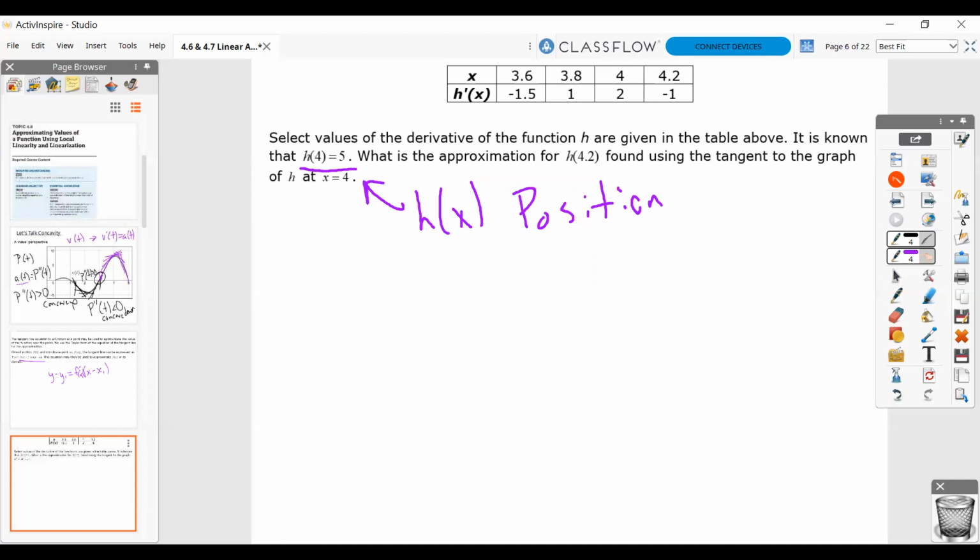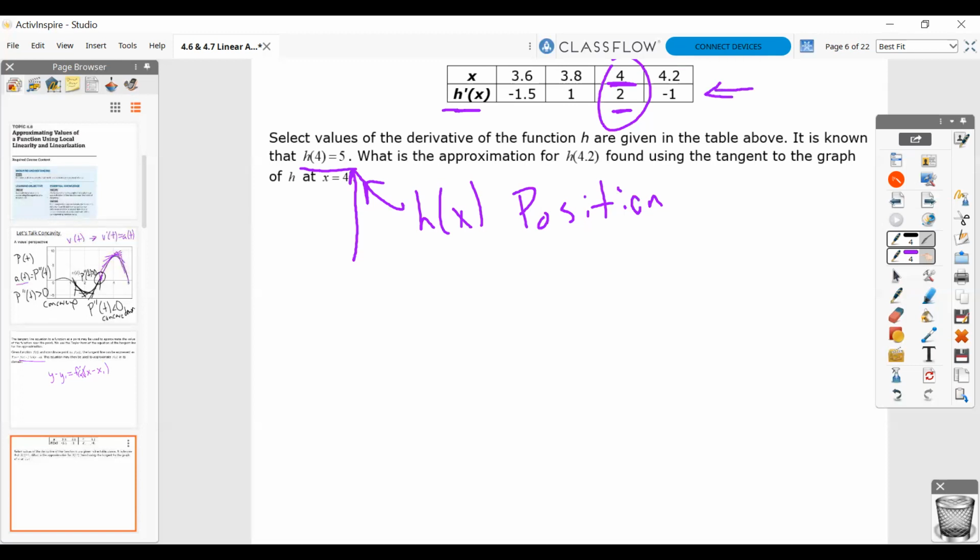So we're trying to figure out the approximate value at 4.2, and we're going to find it using tangent lines. So what we're going to do is say, hey, this value here is 4.2, and 4 is the x. The slope here is 2. We're going to use this point because we are given this position.